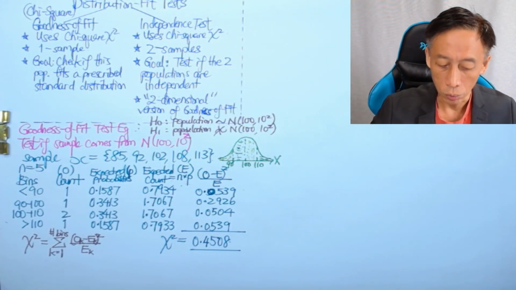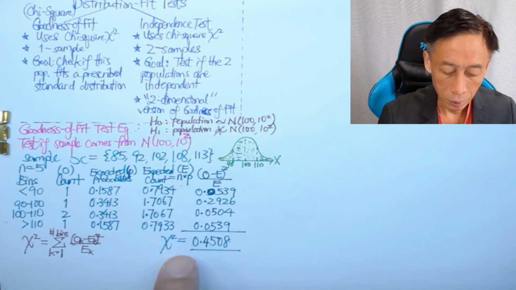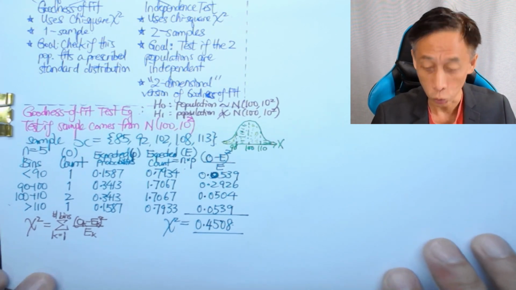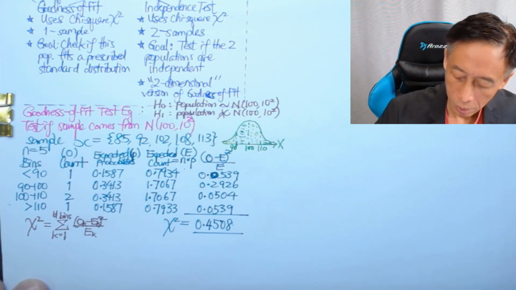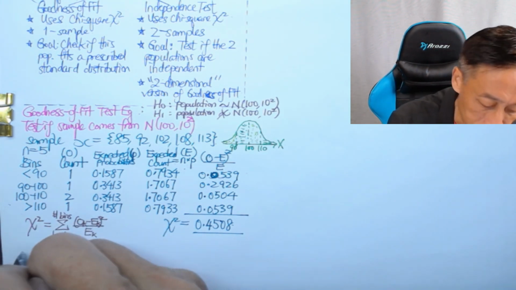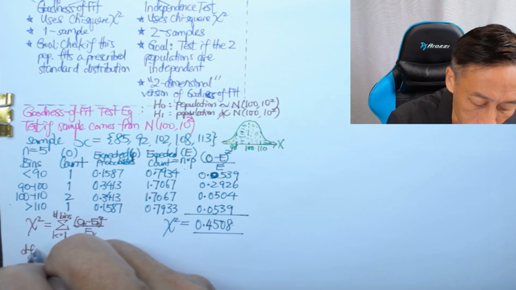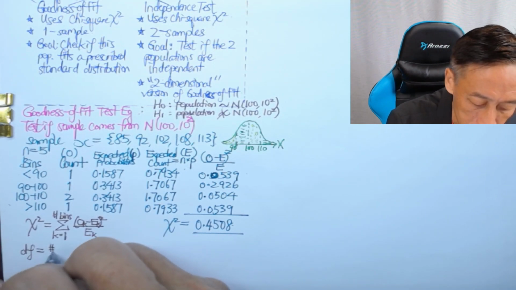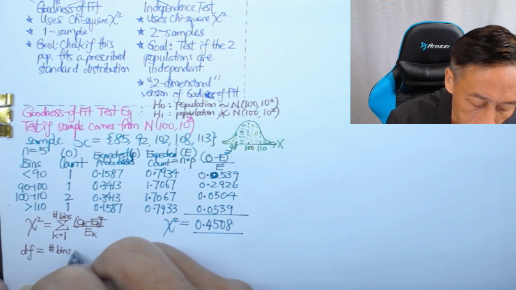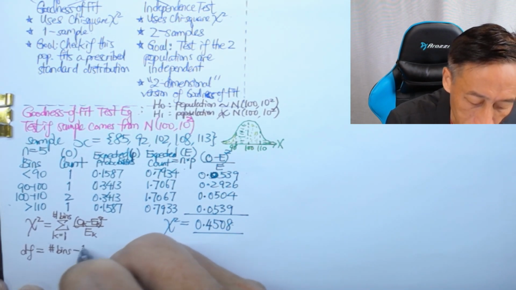And so we need to look up the table, right? This lives in the chi-square distribution. Chi-square requires degree of freedom, just like T distribution, F distribution. Degree of freedom is number of bins minus 1, all right?